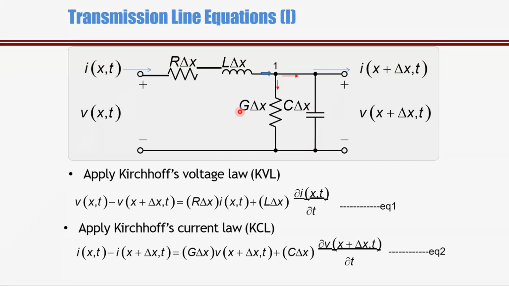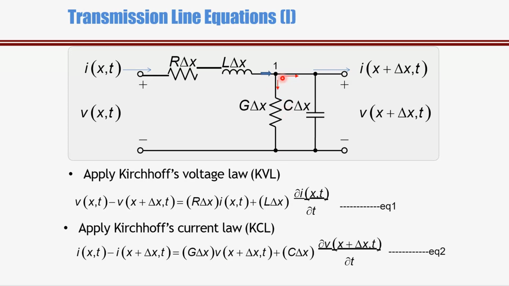So overall, how can I write this? I x comma t minus I x plus delta x comma t is equal to the right hand side. These currents are negative if I take them to the left hand side, but I have taken them to the right hand side, so they become positive.